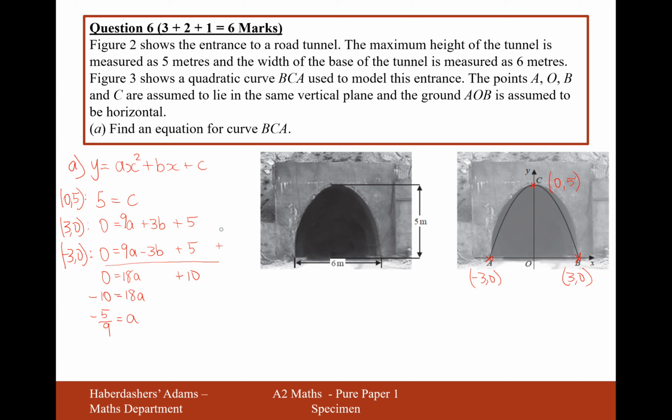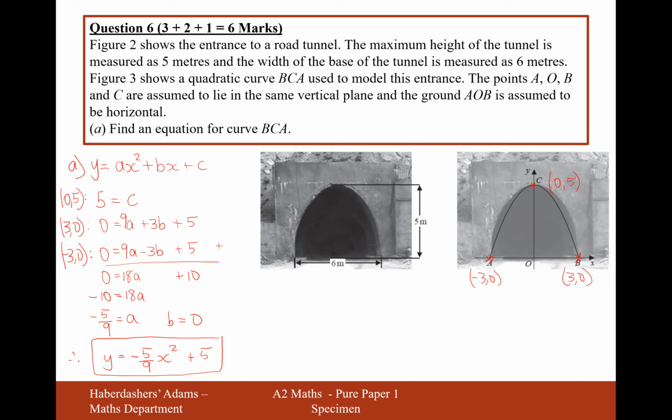And then we can work out our value for b, maybe by subtracting the equations from each other. If we subtract the equations from each other, we're going to get 6b, well, that's just going to equal 0, isn't it? So b here is going to equal 0. So therefore, the quadratic is going to be y equals minus 5/9 x squared plus 0x plus 5. So there we are, that's the equation for the tunnel.